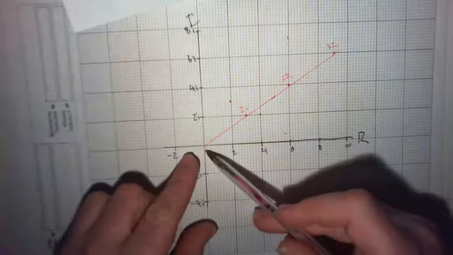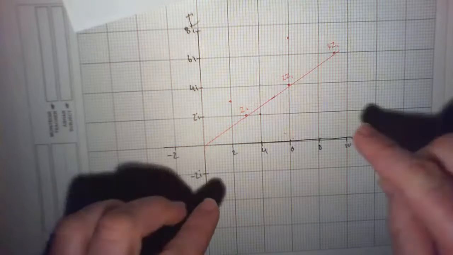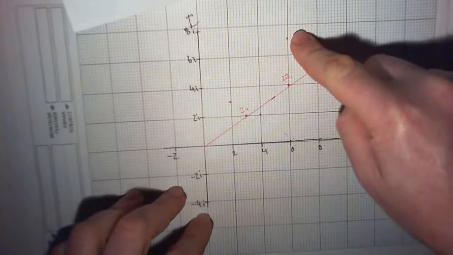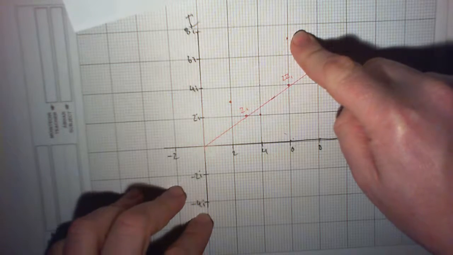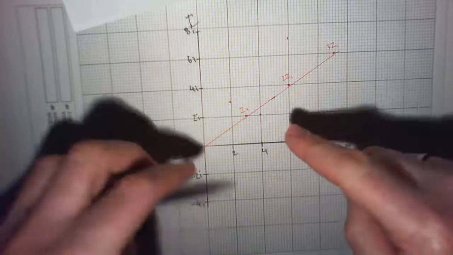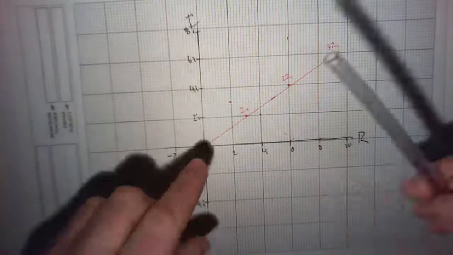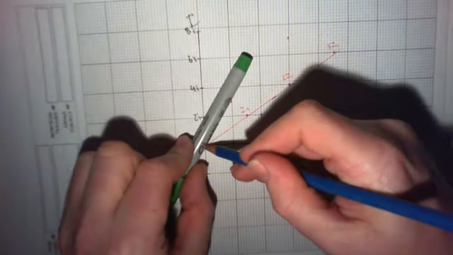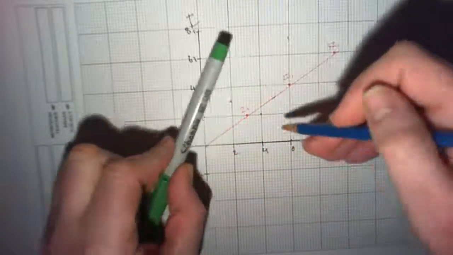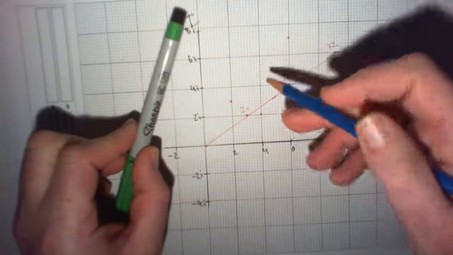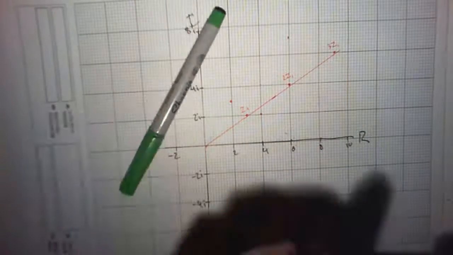So it is bigger, we know that. But, and this is the cool thing about it, it's somewhere, just bear with me. I'll draw it here.